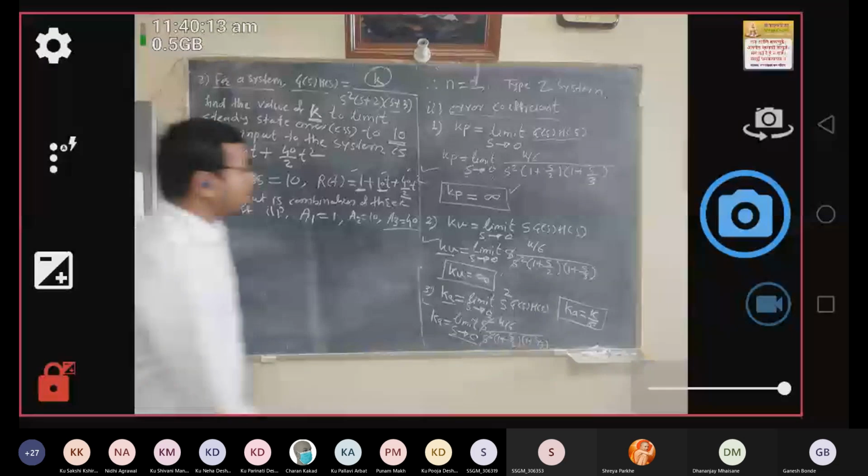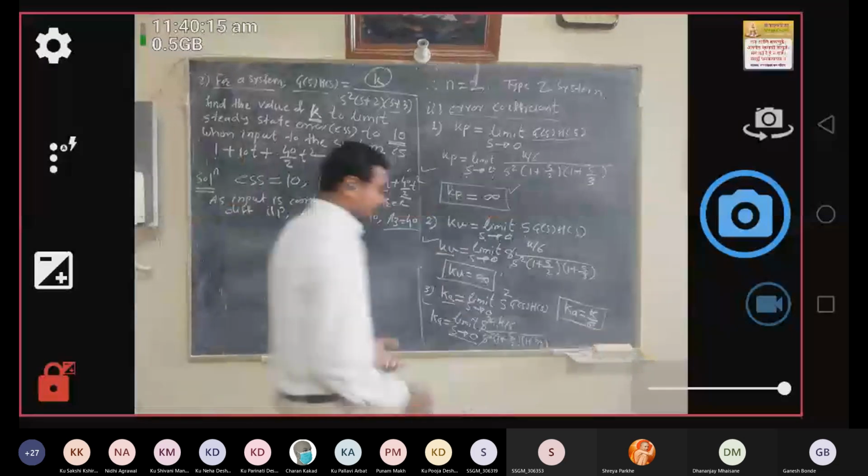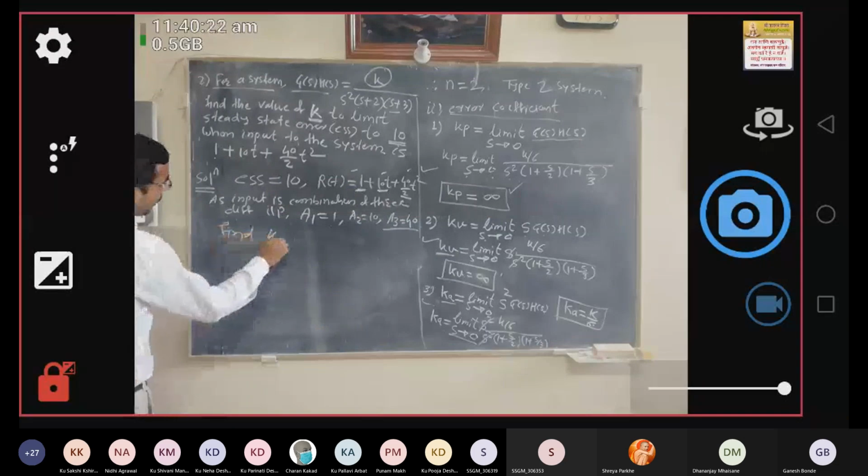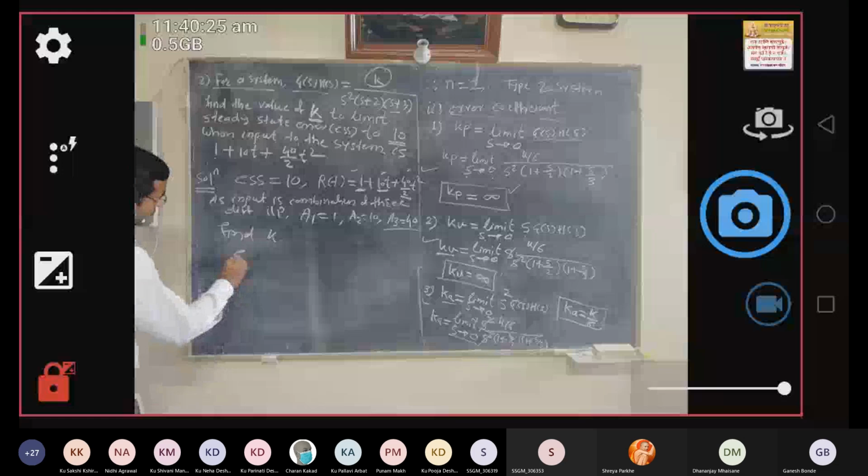So here we have got all the error coefficients. Now last, what we have to find? We have to find the value of K. To find the value of K, last one is the steady state error.